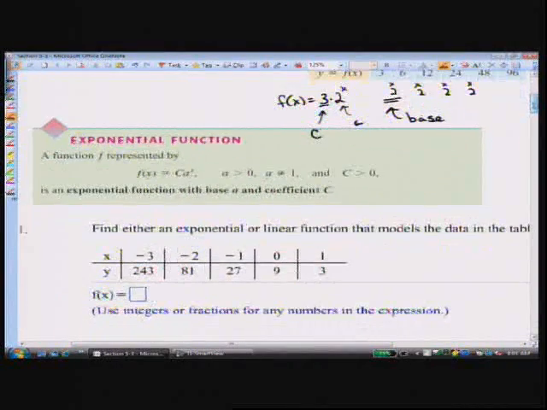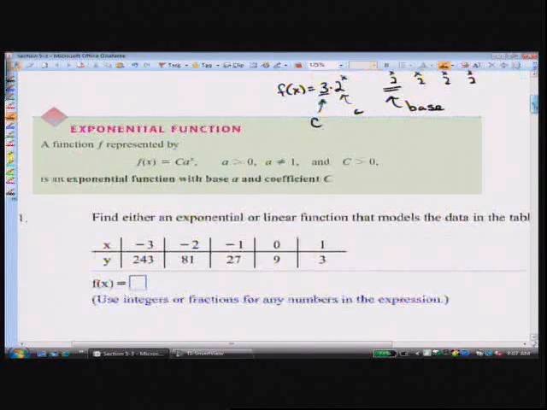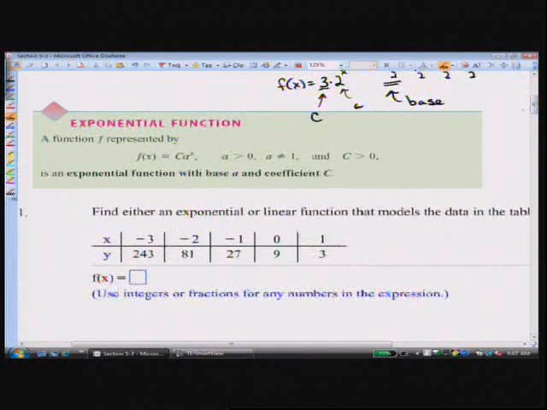Okay, so let's look at number 1 and see if we can figure out what type of function this is. 243, and then 81, and then 27, and then 9, and then 3. Can anyone tell what the pattern is as the x's are increasing by 1 unit? Yeah, it does look like we're dividing by 3 or multiplying by 1/3.